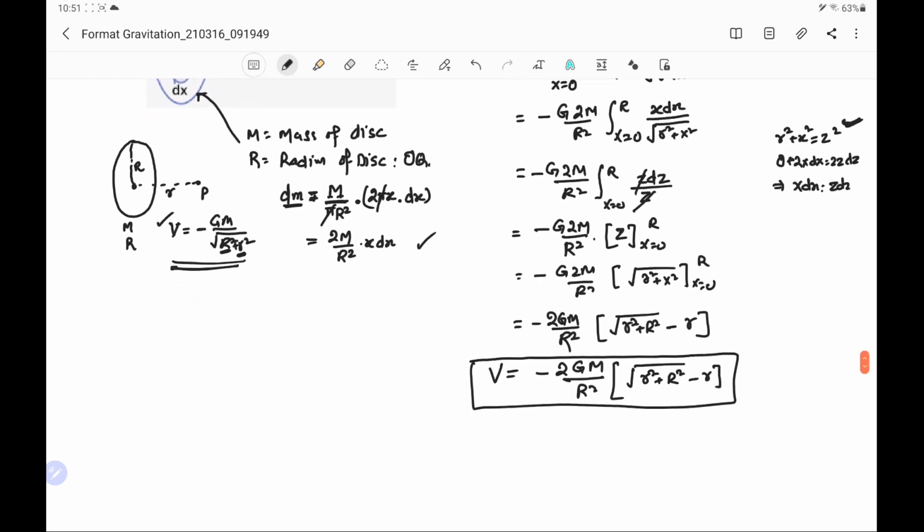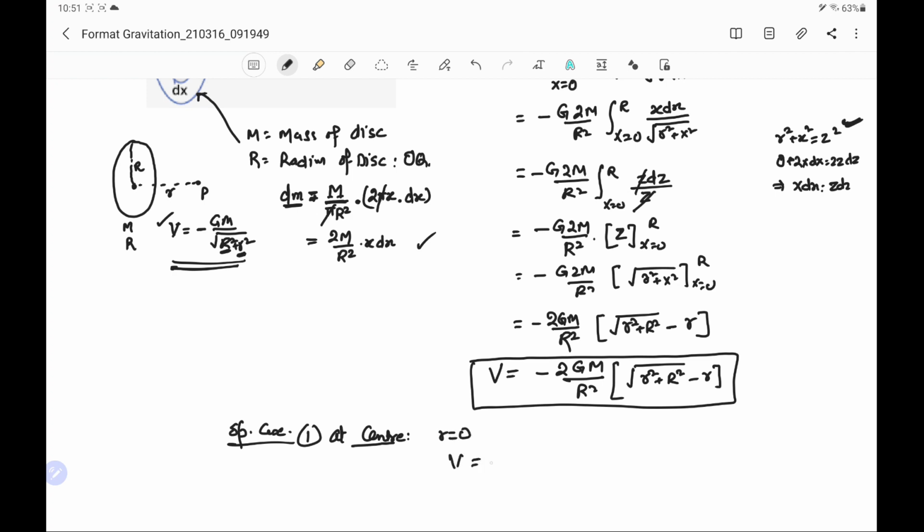As a special case, we take the point at the center. At the center, if we have to find the gravitational potential, then we put r equal to 0.